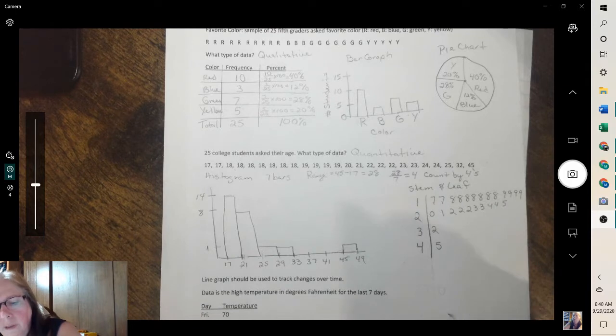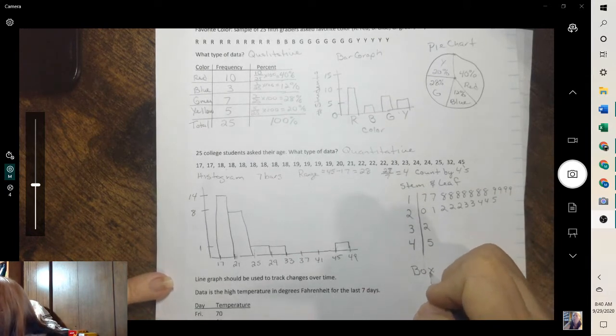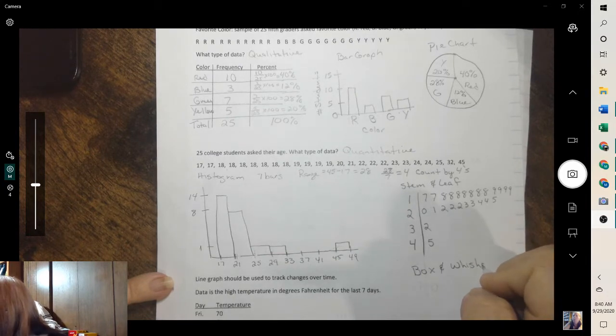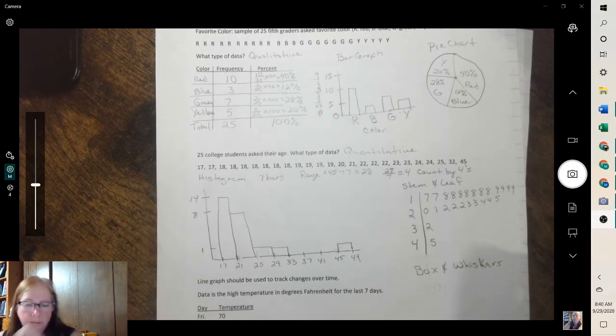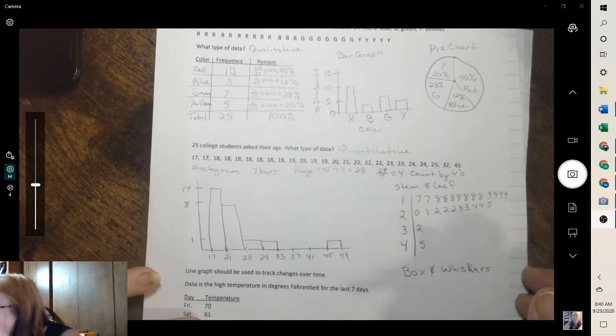The other thing we do use is a box and whiskers graph, or a box plot.